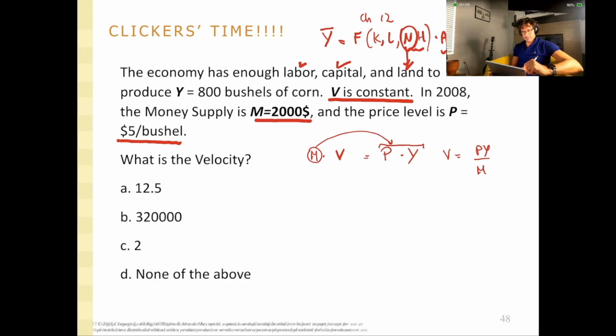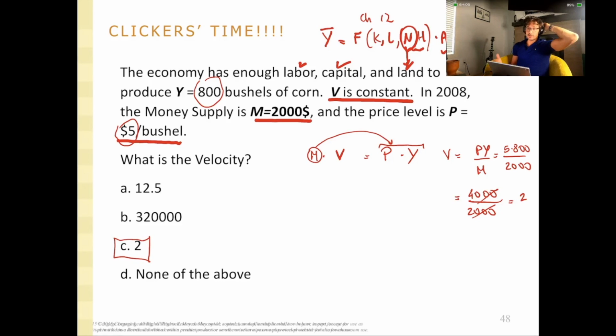The price is 5, output is 800, so it is 5 times 800, and the money is 2,000. So let us simplify. This is equal to 4,000 divided by 2,000, which is equal to 2. So the solution is C. Money has to circulate twice. Basically, each dollar bill has financed 2 transactions.